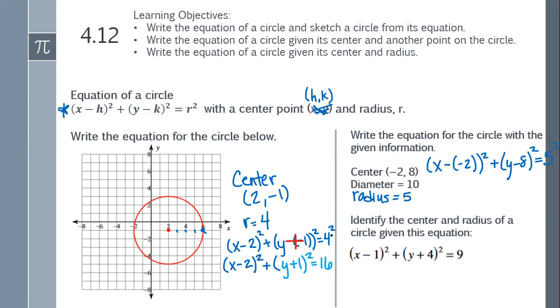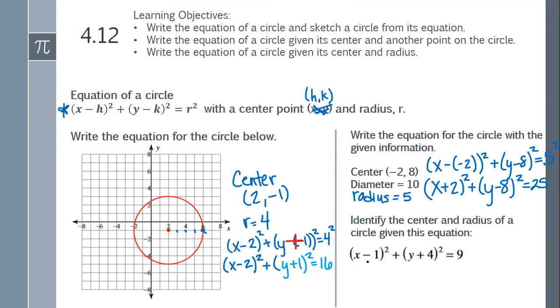So again, simplifying the signs, (x plus 2) squared plus (y minus 8) squared equals 25. And you're done.